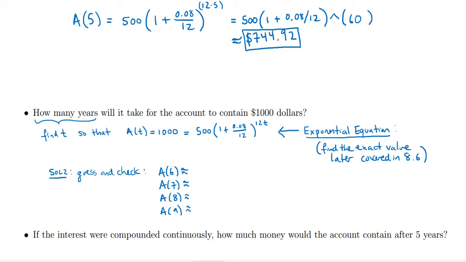Well, after 6 years, it looks like it is approximately, let's just round this up, 806.75. After 7 years, it looks like this is approximately 873.71.